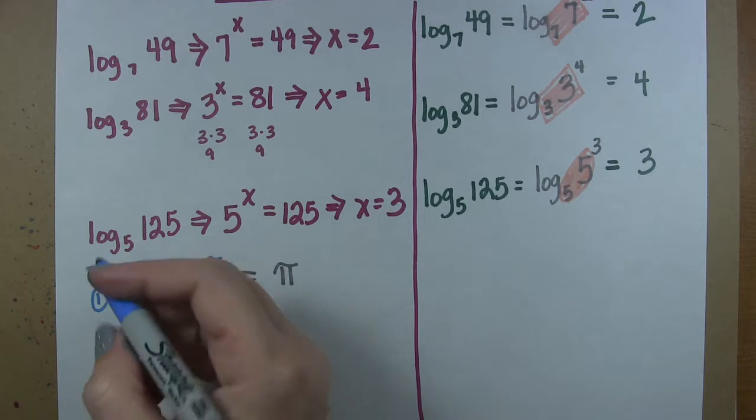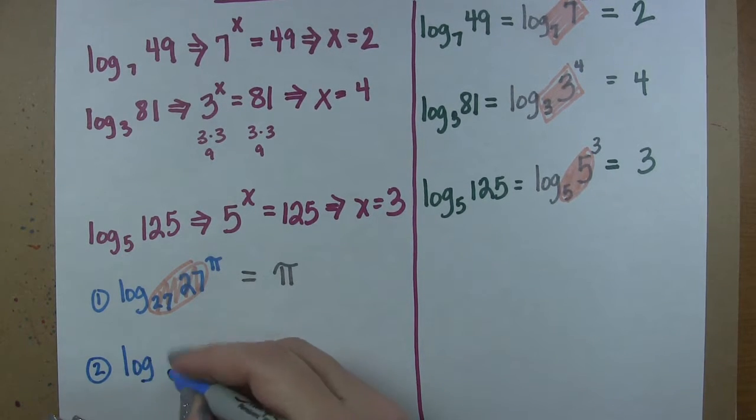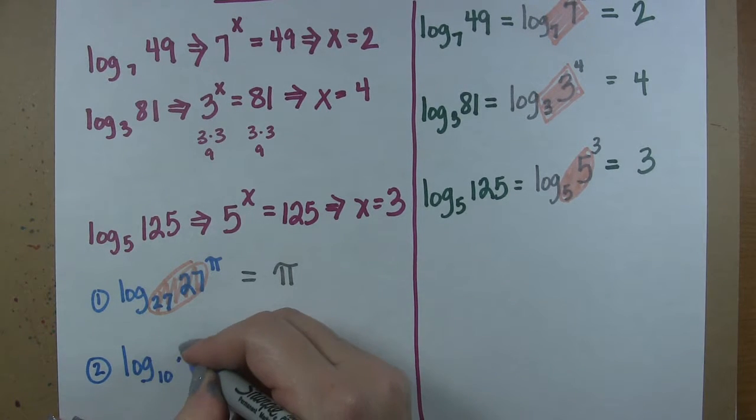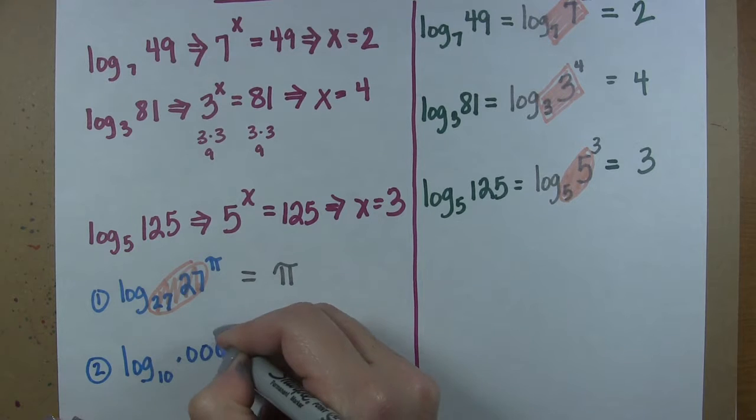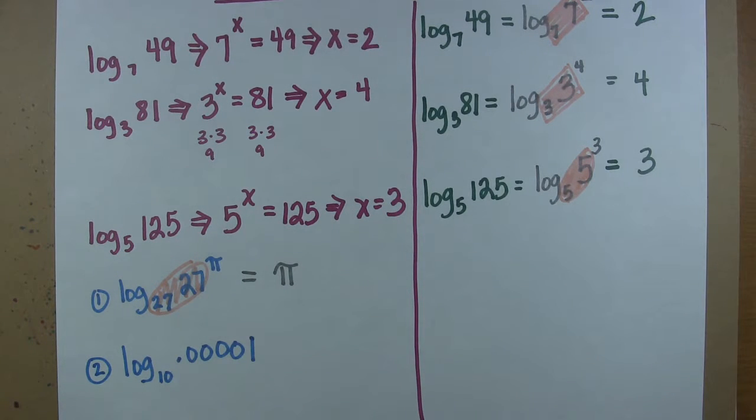Okay, let's try this one. Let's do log to the base 10 of 0.00001. We're going to try to rewrite this using a 10.